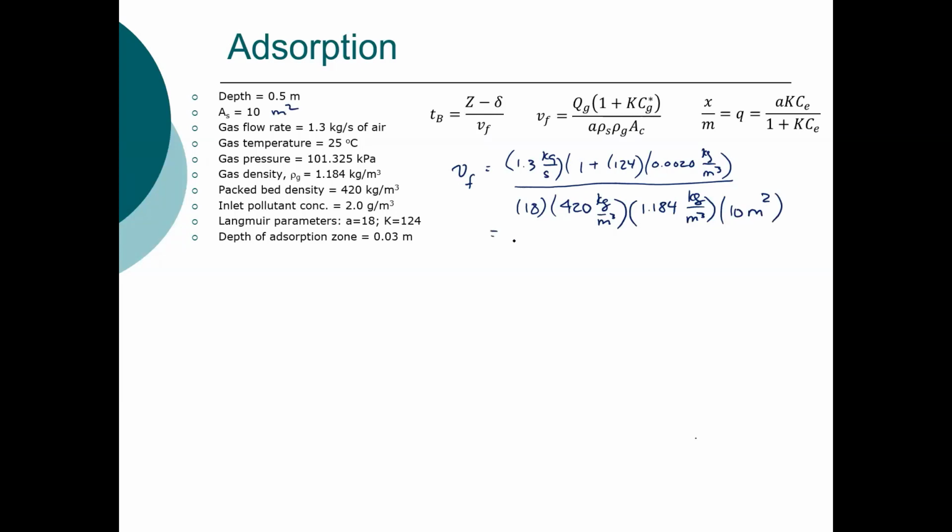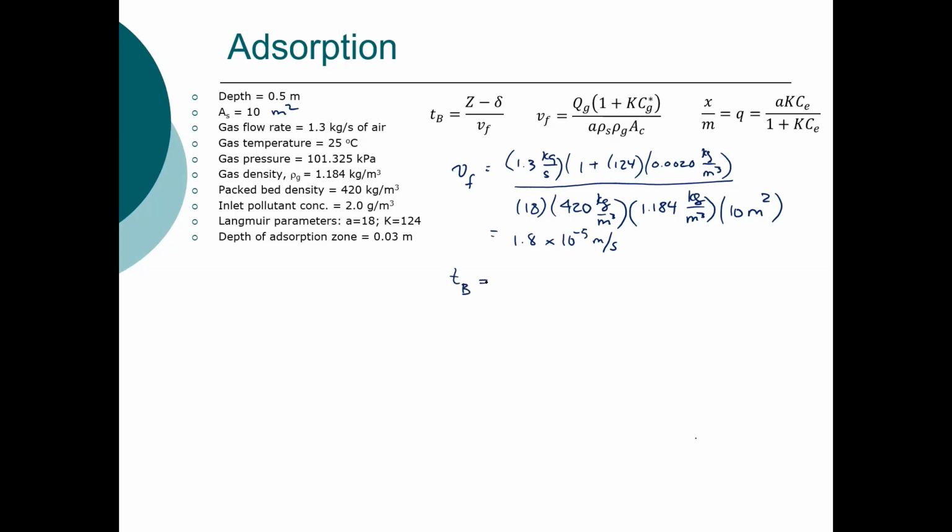And that is equal to 1.8 times 10 to the minus 5 meters per second. So that's the depth, sorry, the velocity by which that adsorption zone is moving down the column.